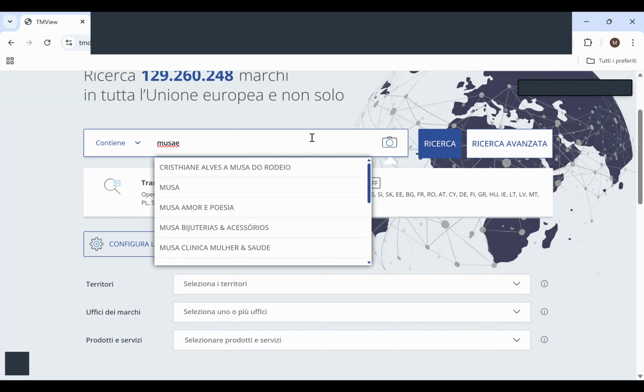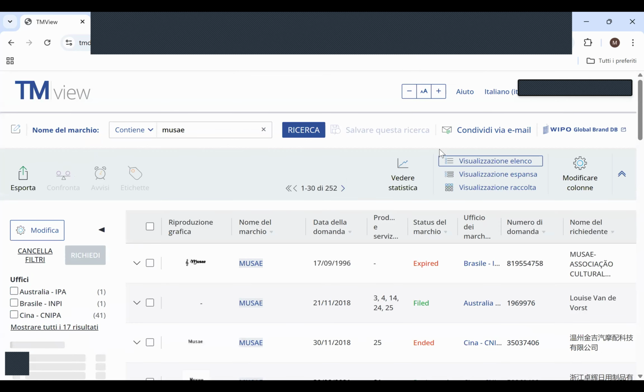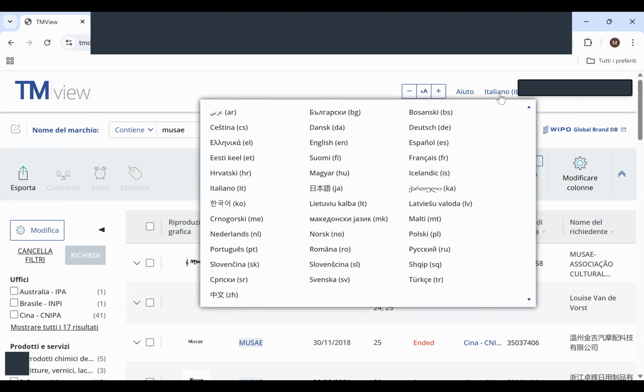When I tried this morning, I was really astonished by the amount of Muse that exists in the world. Sorry, it's in Italian. I realize now. Let me see if I am able to change it to English.